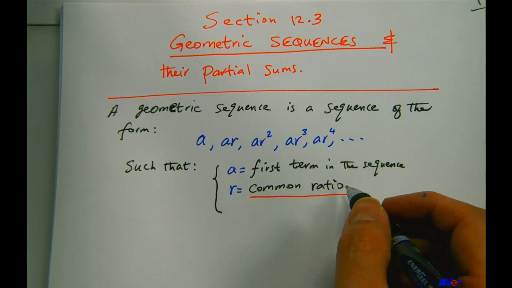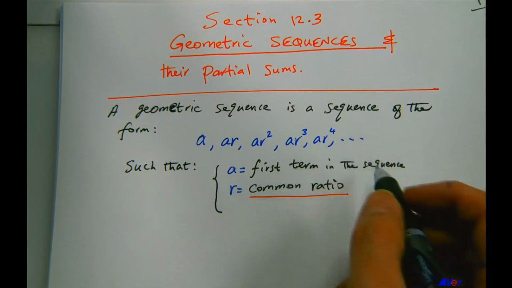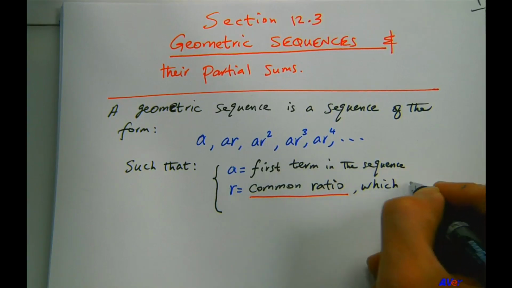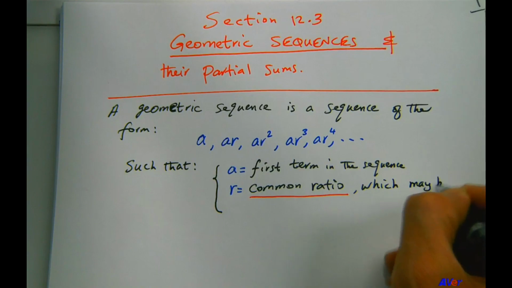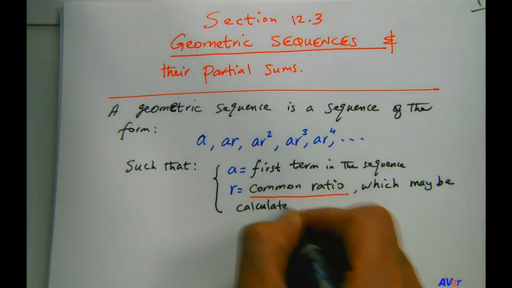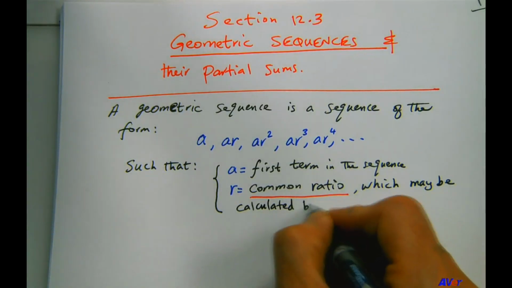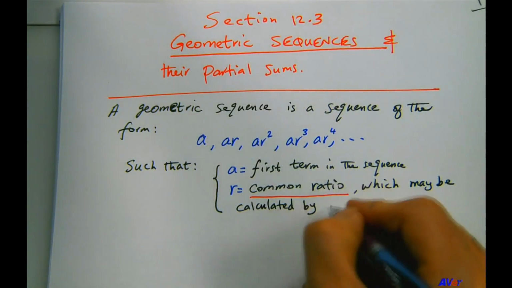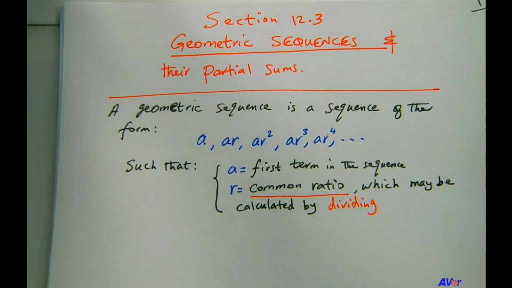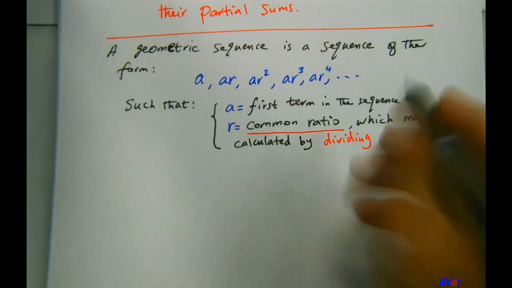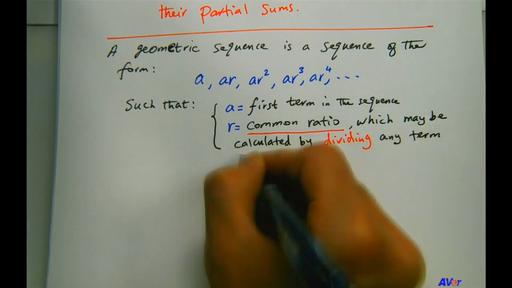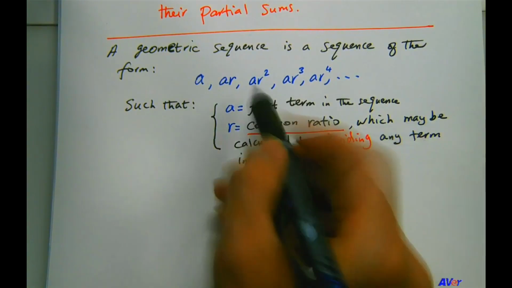And the common ratio may be calculated by dividing any term in the sequence by the term before it. And by term, I mean each of these.